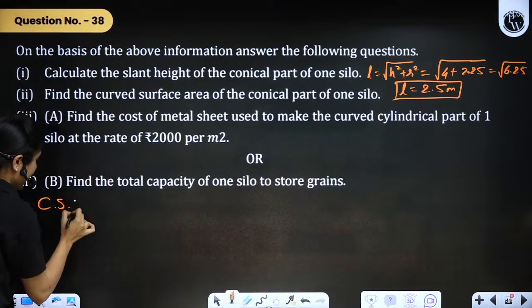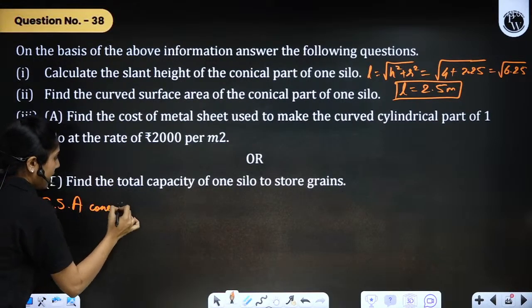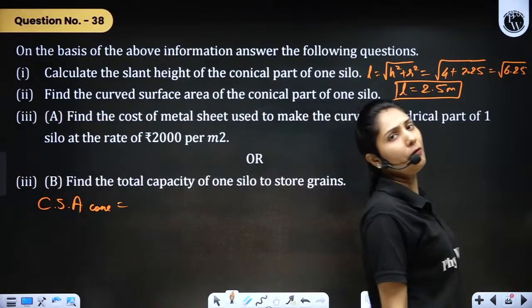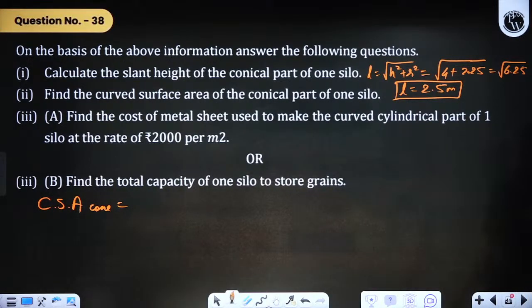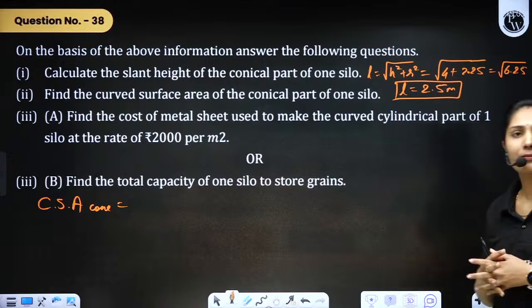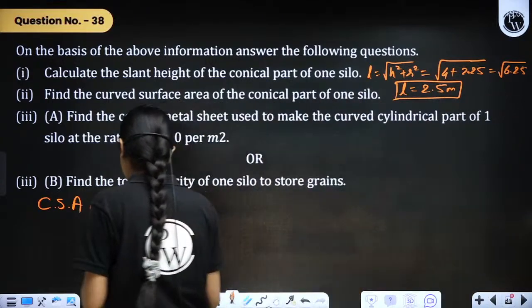Curved surface area of cone. What's the formula for curved surface area of cone, beta? Pi RL, right?